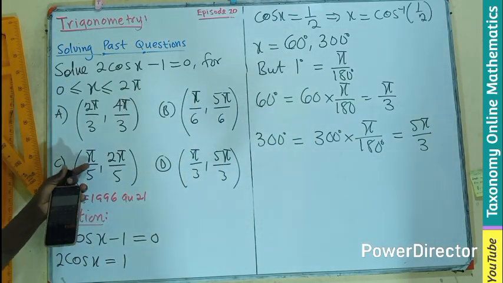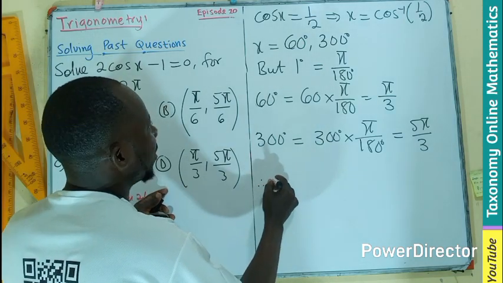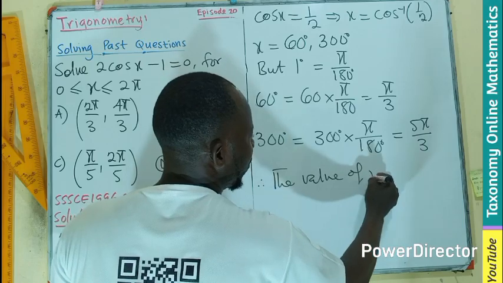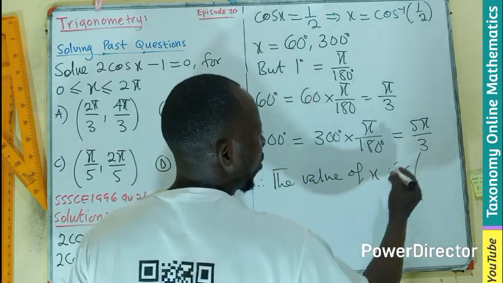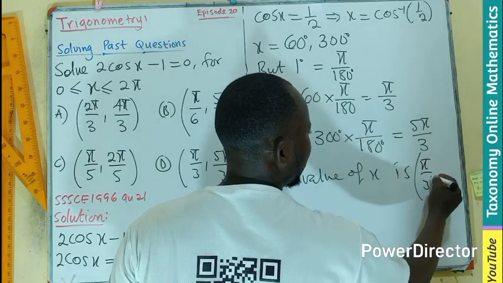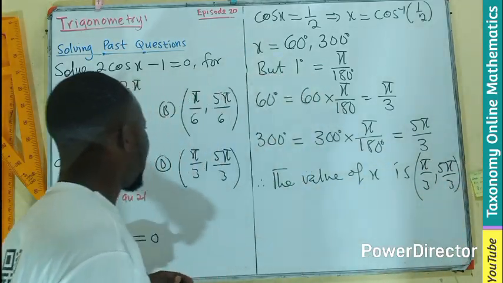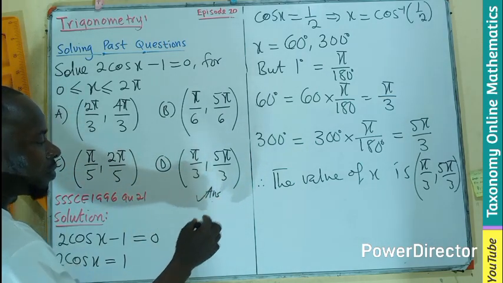So we are coming to check and see which option has the value. Therefore, the value of x is going to be pi on 3, 5 pi on 3. And if you check, the answer is going to be D.